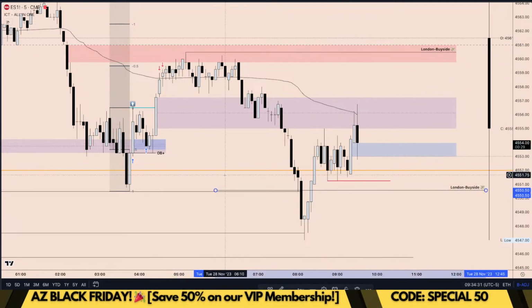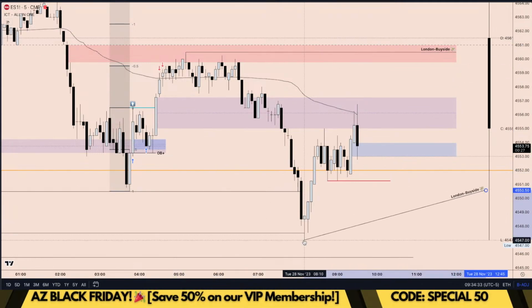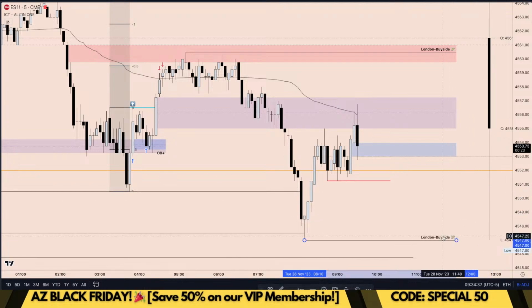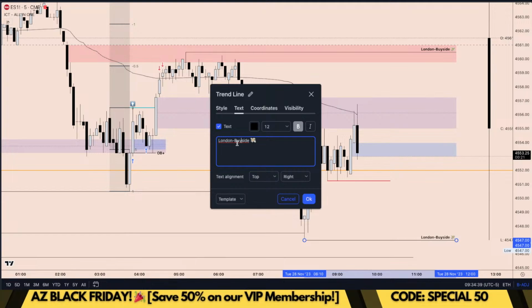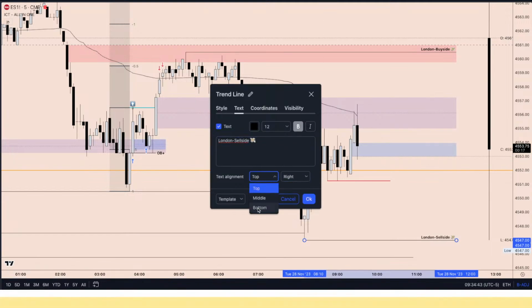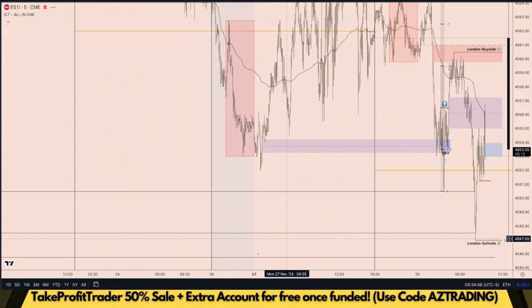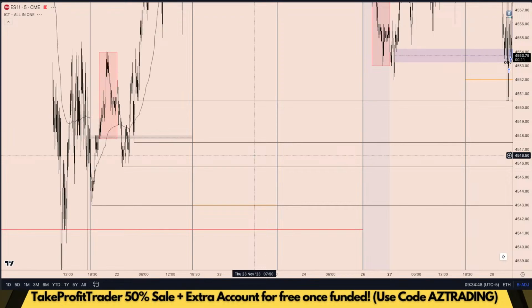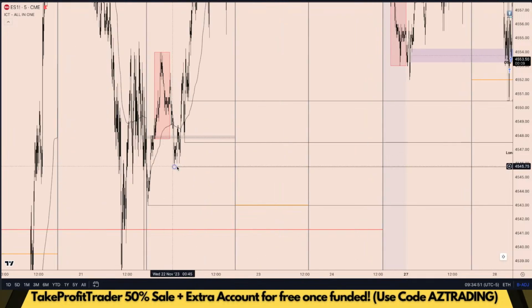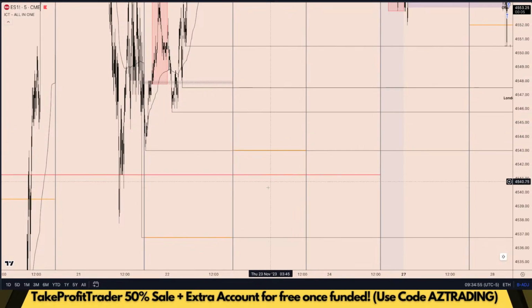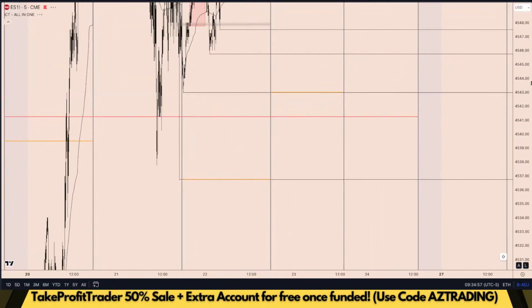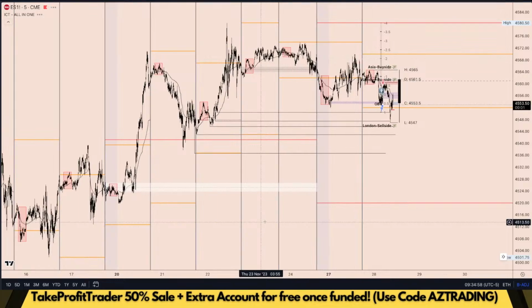Let me move that down here and label it as London sell side. Put that at the bottom, London sell side, and then we have more sell side below. Right here, these relative equal lows, and the previous week's low would be coming in all the way down here.